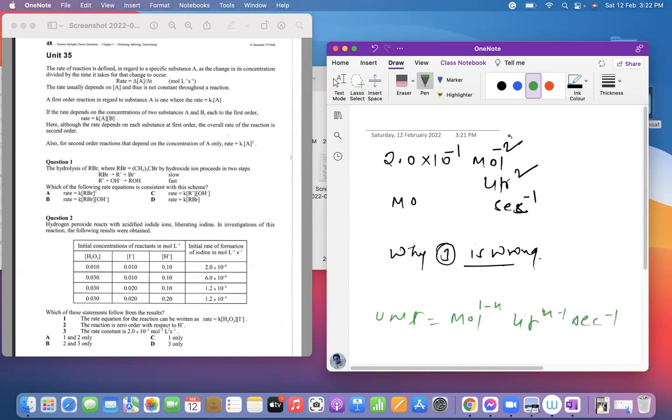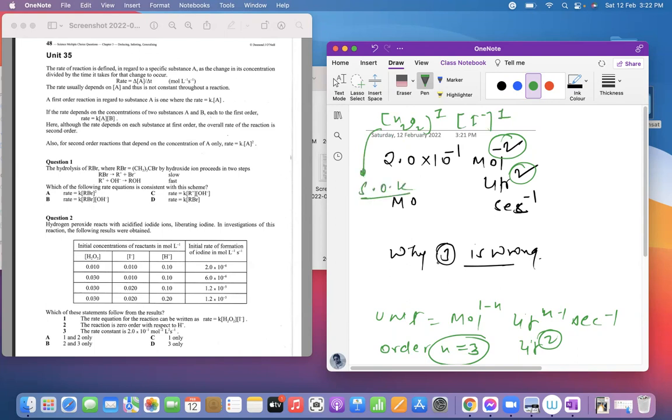And you can see this is mole minus 2 and liter 2. Liter 2 is only possible if your order of reaction is third order, n is equal to 3. But from the equation, H2O2 has 1 and iodine minus has 1. So overall the reaction is second order kinetic, but your unit becomes third order kinetic. It can never be possible. That's why 3 is wrong.